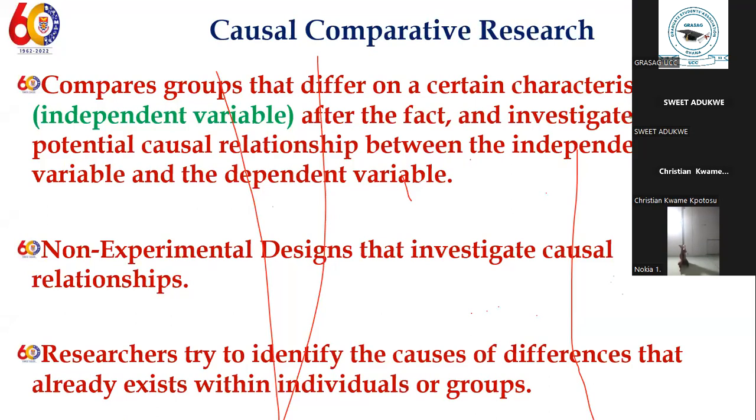So in this case, you don't have to go and conduct any experiment. The relationships are already existing. The differences are already existing. Some receive a grant and some do not receive a grant. Now, looking at those differences, how does it affect their economic performance?